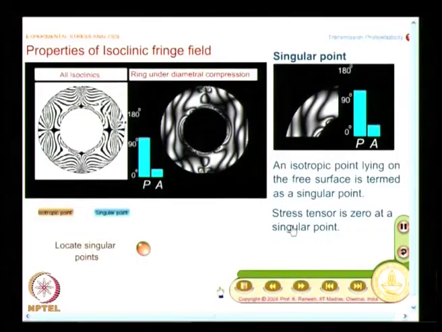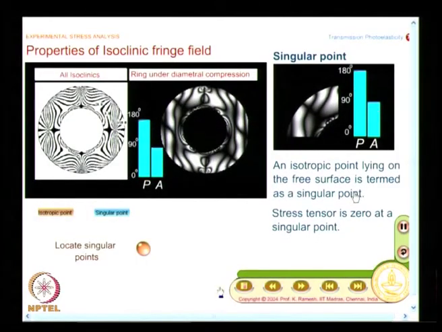When fringe order is 0, it only implies sigma 1 equal to sigma 2. The students will have a confusion when I say 0th fringe order, everything is 0. This is one wrong conclusion you can think of. It only implies sigma 1 equal to sigma 2. Suppose I have a 0th fringe order on a free boundary, stress tensor is also 0, and that is indicated by a singular point.